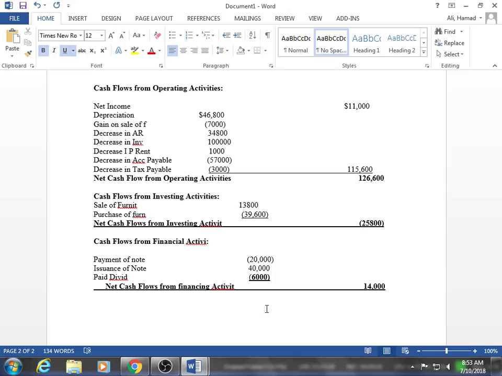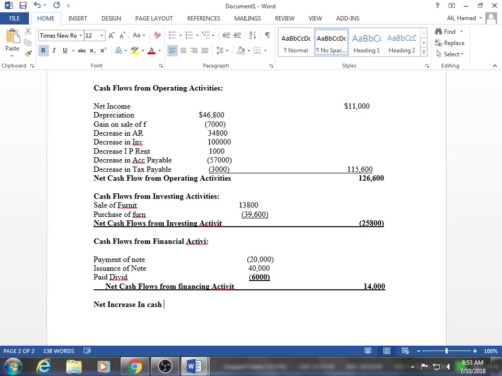So what is the overall net cash flows? Net increase in cash is, well, first of all, let's put the balance before we say the increase.